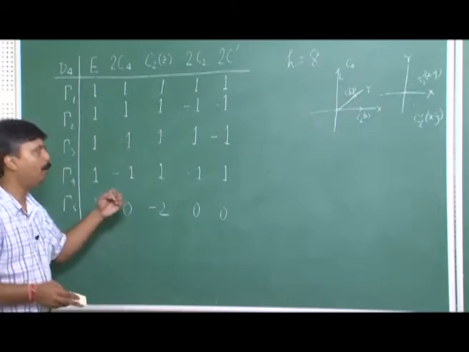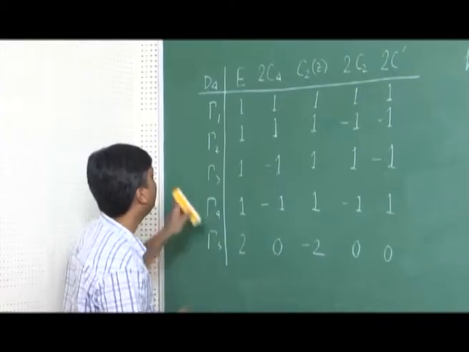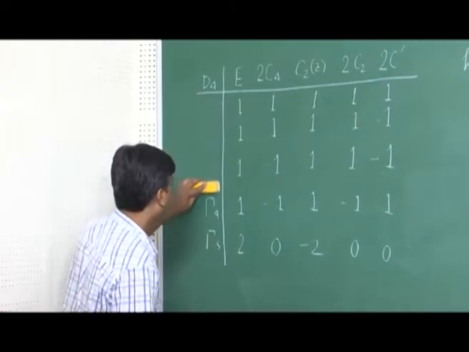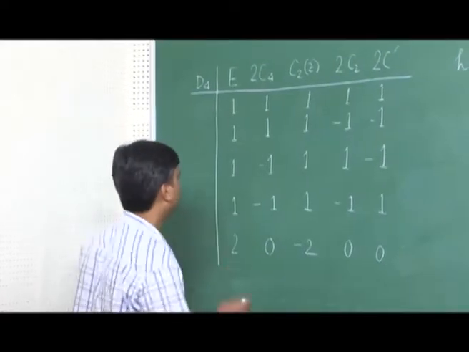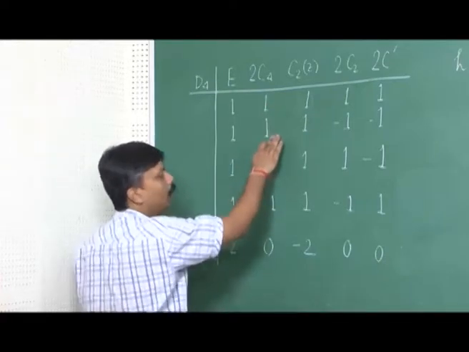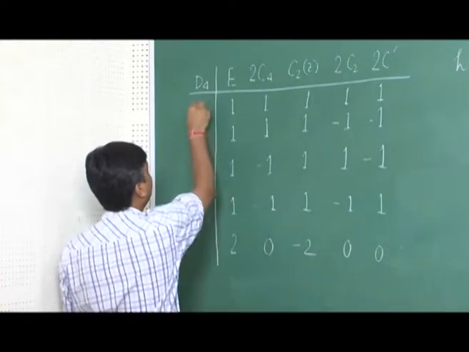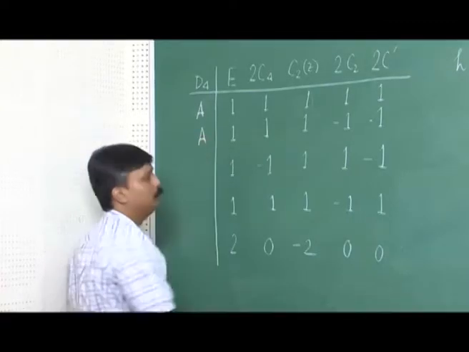I am not going to talk in detail about this because we have already discussed Mulliken symbols for irreducible representations in detail earlier. With respect to the principal axis of symmetry, these two are symmetric, so without worrying about anything else, these two will be given the notation A.